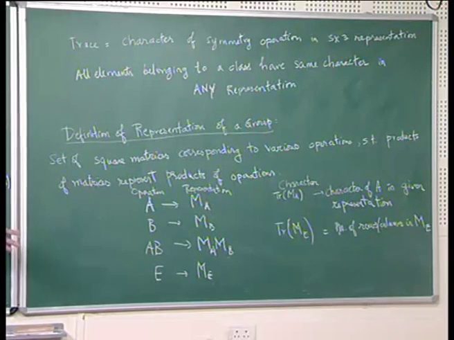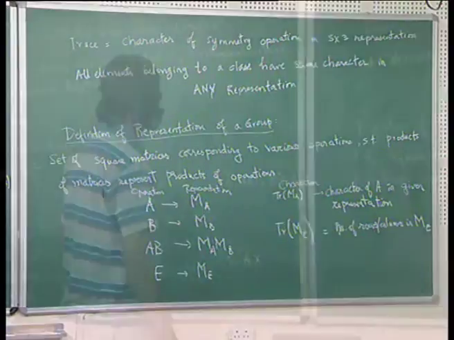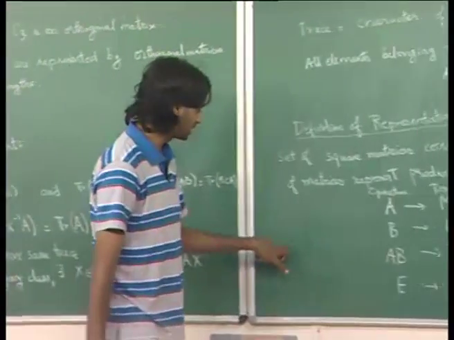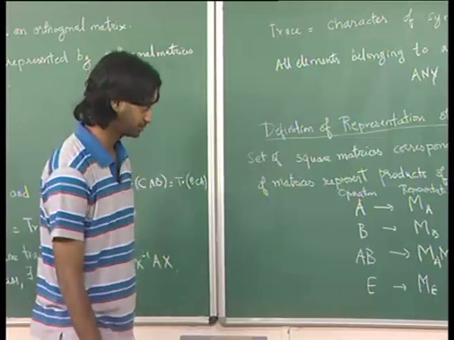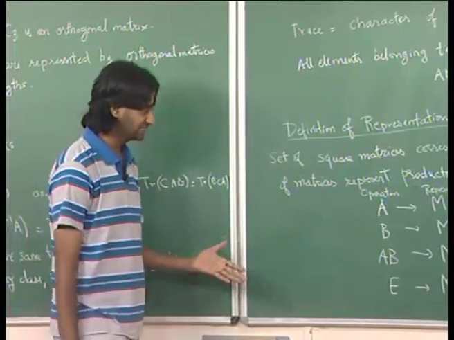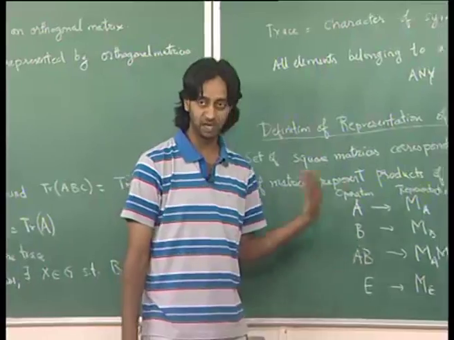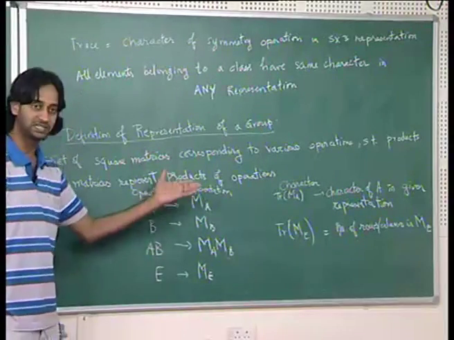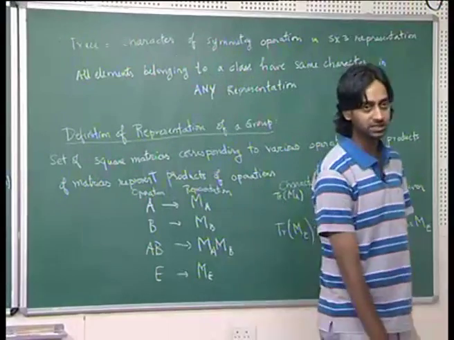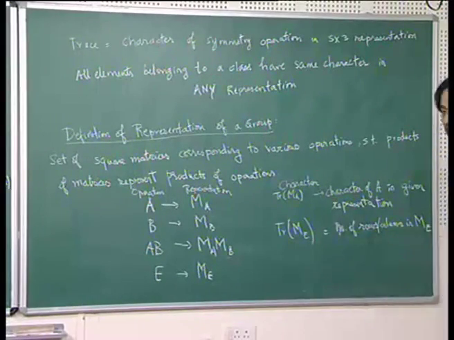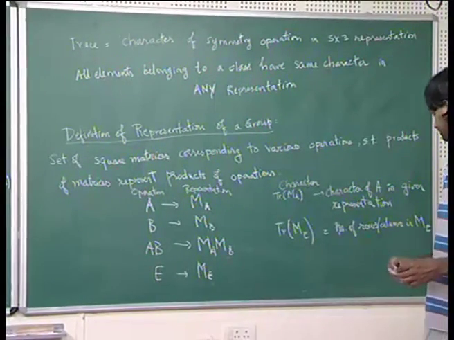If it is a 3 by 3 matrix, the trace of the identity will just be 3, because identity corresponds to 1 along the diagonal and 0 everywhere else. Okay. And this will be true in any representation. If you have a 2 by 2 representation, the trace of identity will be 2. If you have just a one dimensional representation, then the trace of identity will just be 1.